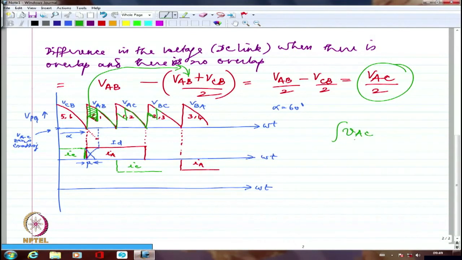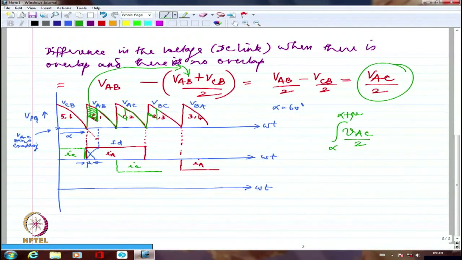This is the area what I have marked as the shaded area. The shaded area is VAC by 2, but that is going to be integrated from alpha to alpha plus mu. That is the amount of voltage that is getting stripped off from the DC link voltage.